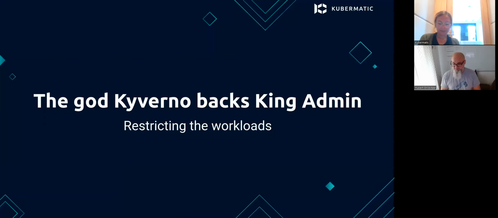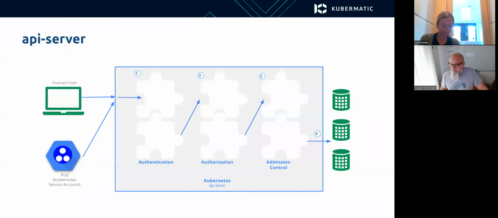Next chapter. Now even the gods come into play, and the god Kyverno backs King Admin. You can restrict what gets deployed into your Kubernetes cluster with Kyverno. Before talking about Kyverno, we should talk about the API server a little bit more in detail. We already talked about this yesterday.